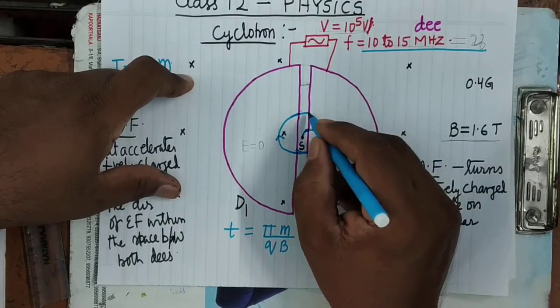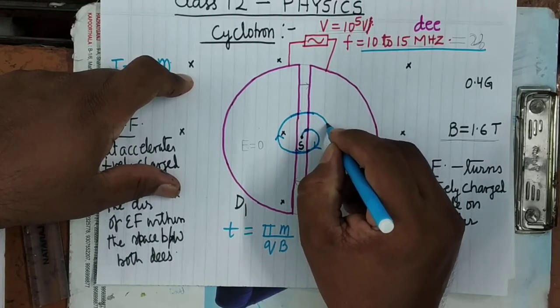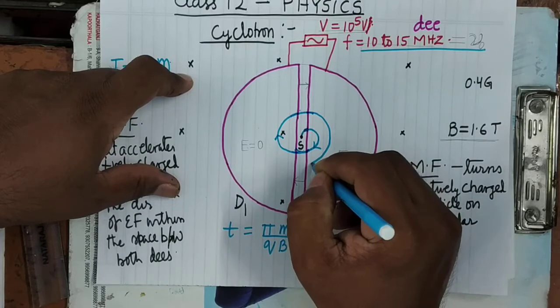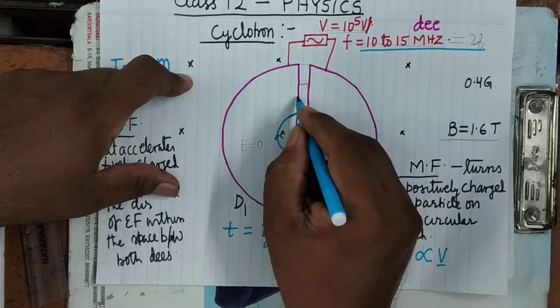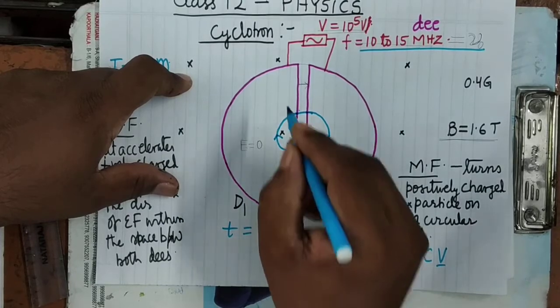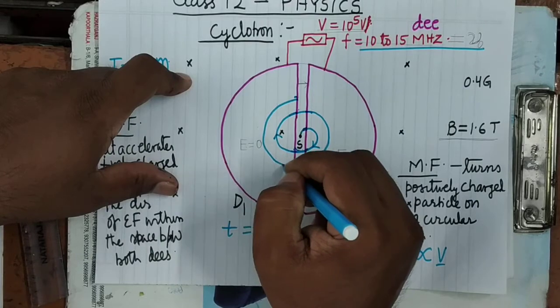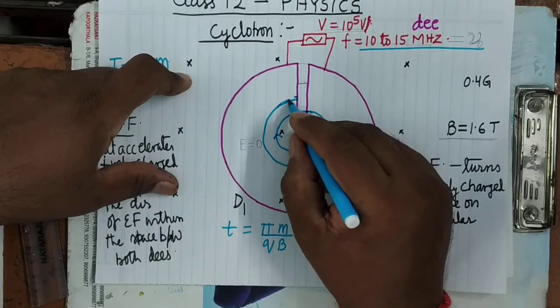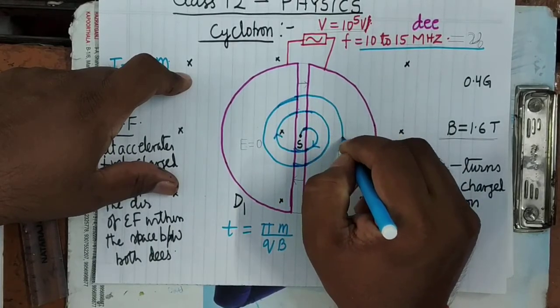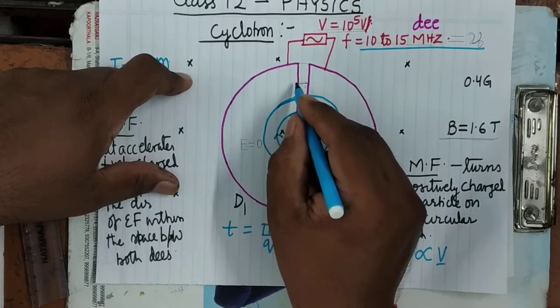So it will describe a circular path of bigger radius inside the D in the same time. It is clear. And this process will continue. It will keep on moving on circular paths of increasing radii in the same time.